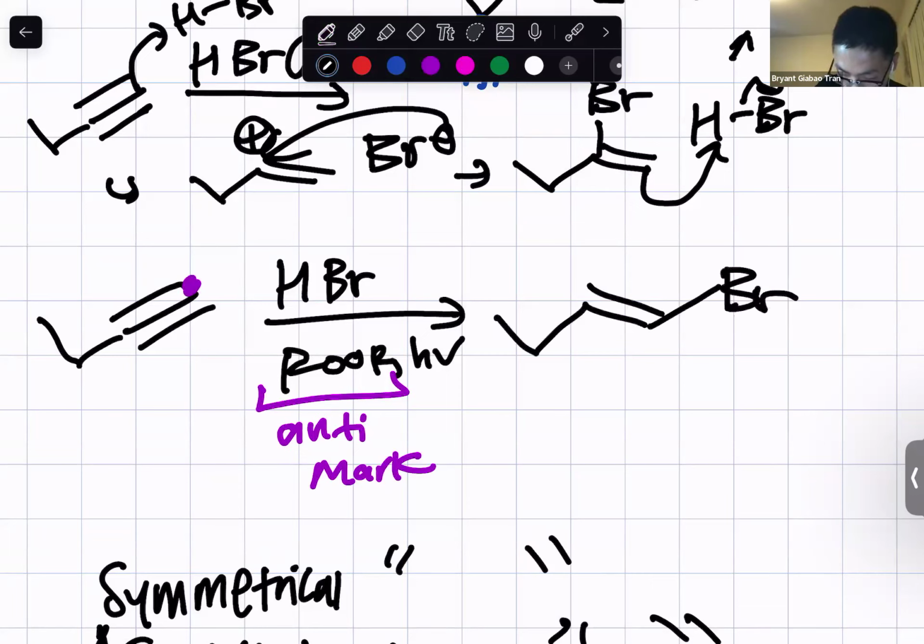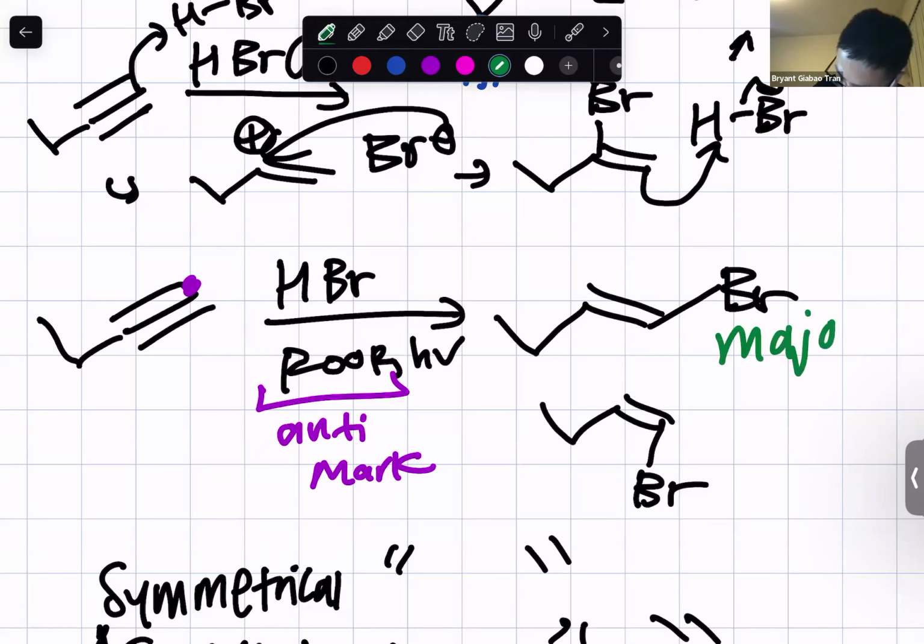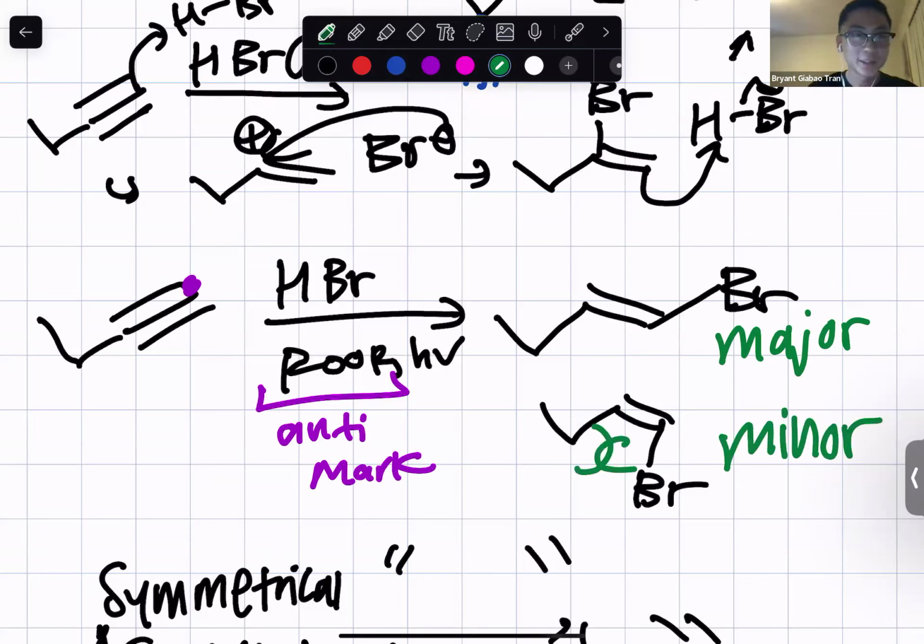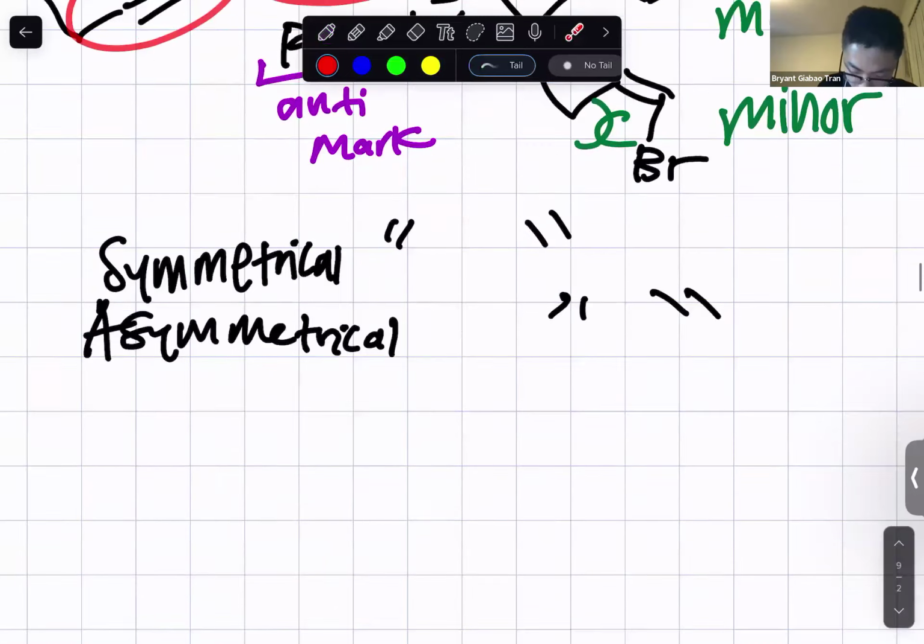We're going to get two different types, the trans version and the cis version, where the trans version is major and the cis version is minor because of steric hindrance there, right? So that's for predicting the product if you have ROR, HBr with a terminal alkyne.